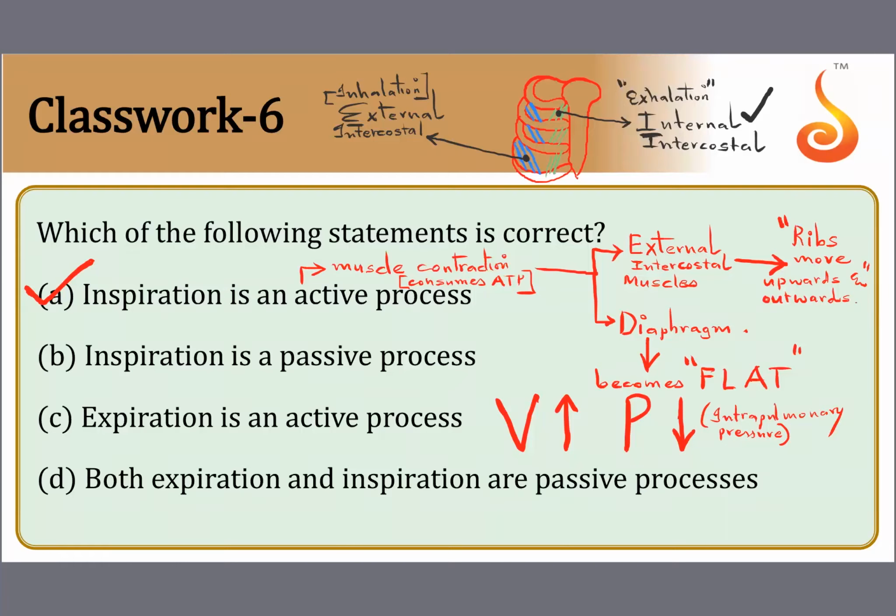It has a lot of space around it. So the pressure in your lung will be less compared to your atmospheric pressure. That's why air will gush into your lungs. So all this is only to bring down the intrapulmonary pressure. To bring down the intrapulmonary pressure, your ribs have to move upwards and outwards. For that to happen, the external intercostal muscle should contract.